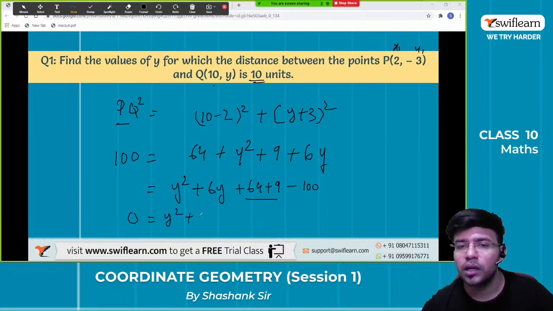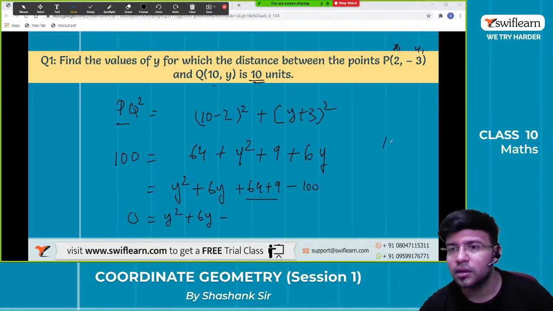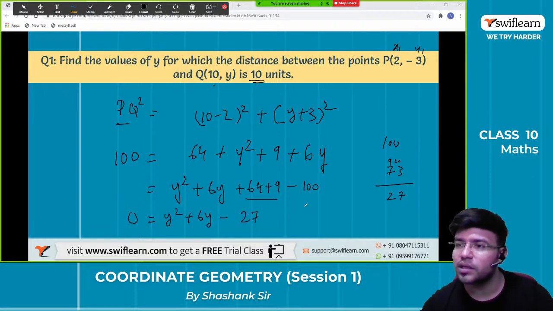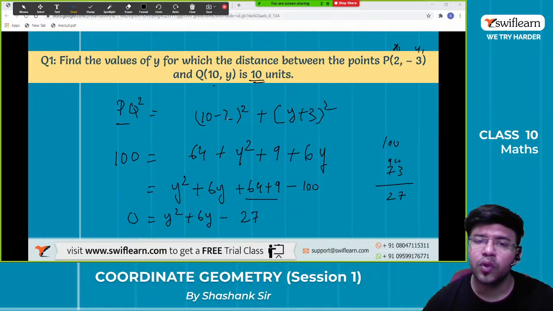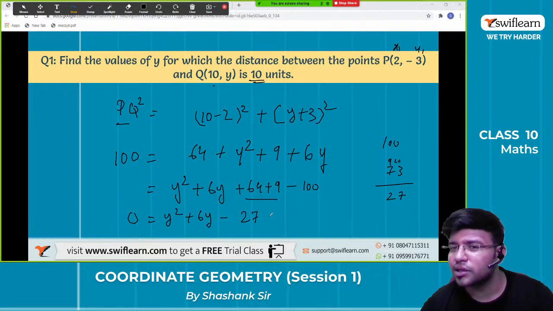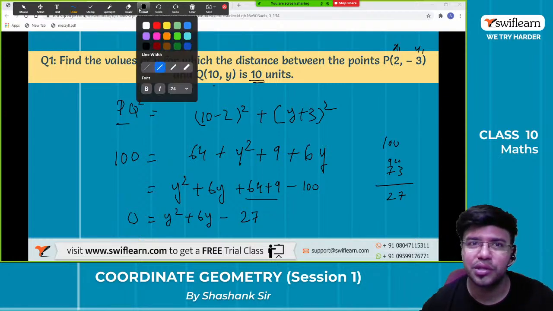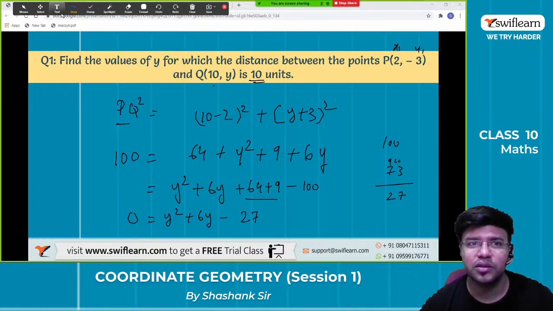So y square plus 6y, and how much is 73 minus 100? 100 minus 73 is nothing but 27. Okay, we got minus 27 as the answer. Now, this is again a quadratic equation. Solve this quadratic equation. Simplify this quadratic equation. You will get the values of y.